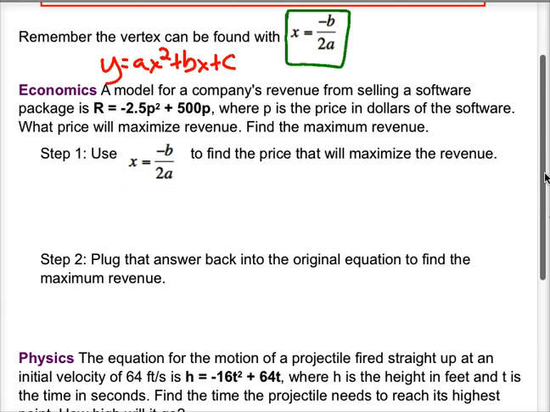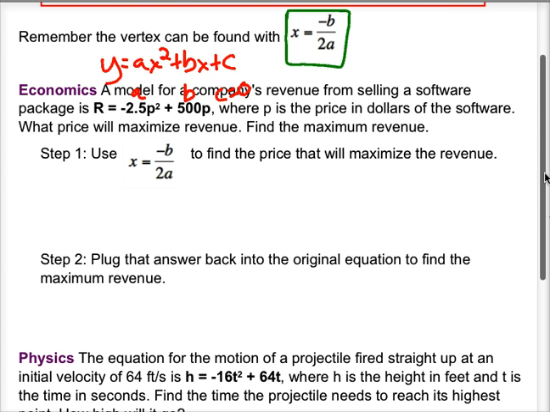You are going to have to remember that standard form so you can recognize that a is negative 2.5, b is going to be 500, and in this case there is no c shown. That means our c is simply 0. Don't panic if there aren't three terms. It's okay. Just make sure you can still recognize what your a is, what your b is, and if there is a c.